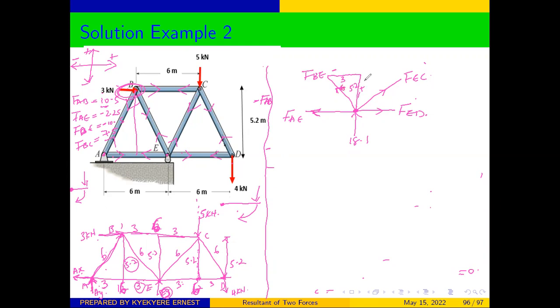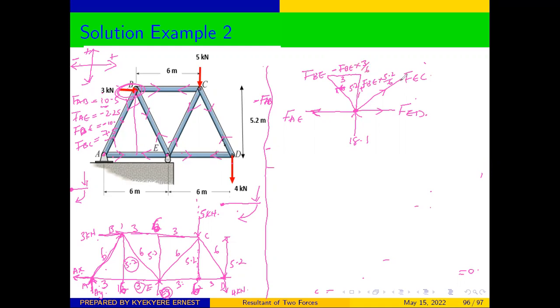Therefore, our Y component is going to be FBE times the vertical distance, 5.2 over 6. And our horizontal component, which we have already stated will be negative, is FBE times 3 over 6.